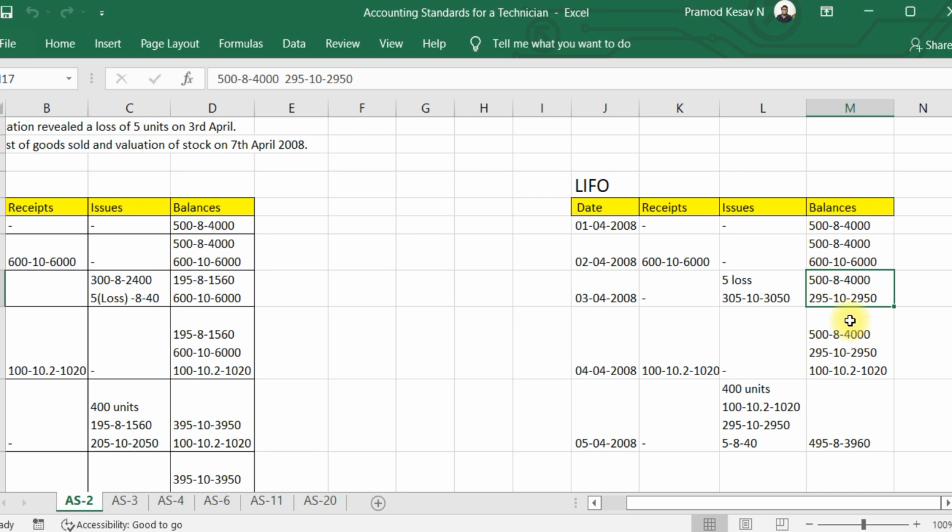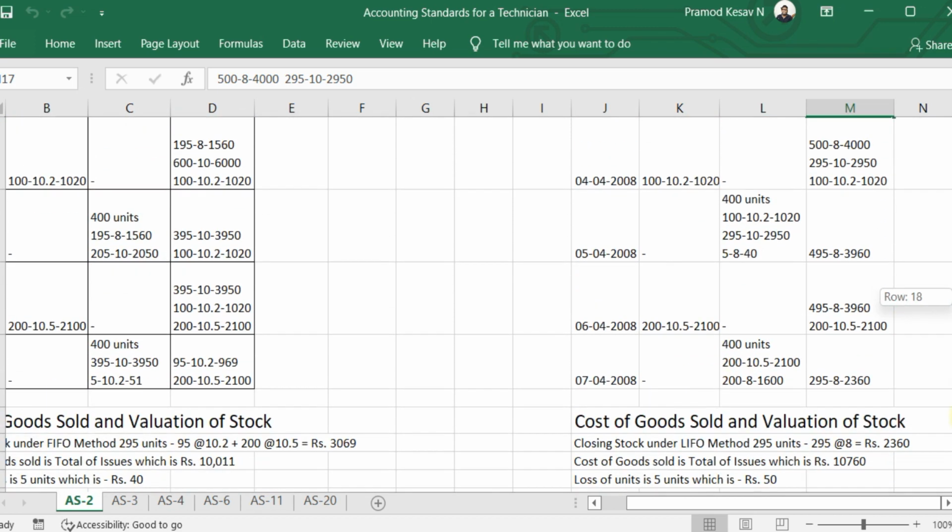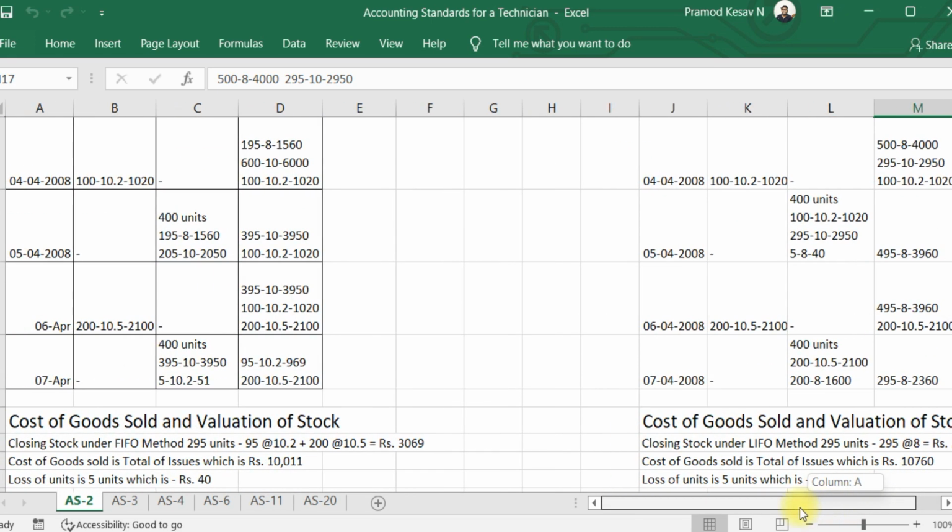So whatever is the last, we will take it. So prices also may vary. There is a significant variation in price. If you take a look at the cost of goods sold and valuation of stock, we know that the cost of goods sold is 10,011, whereas in the case of LIFO, it is 10,760. So it is more. So there is a difference in cost of goods sold as well as in valuation.